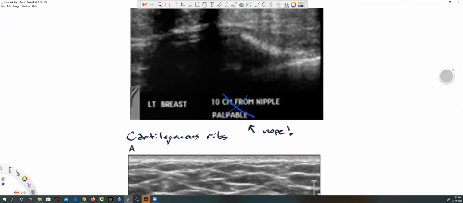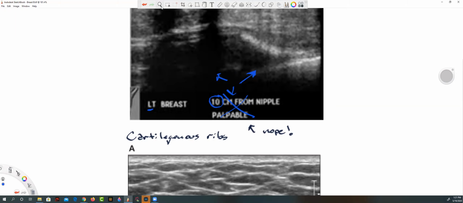See, this is not good. We know that it's a left breast, but 10 centimeters in that direction, in that direction, in that direction. What direction? Now, 10 centimeters, that's a large number. So we're probably talking about a large breast, but still, I'm guessing this is going to be more towards the axilla because that's the longest direction from the nipple you can get and still be in the breast.